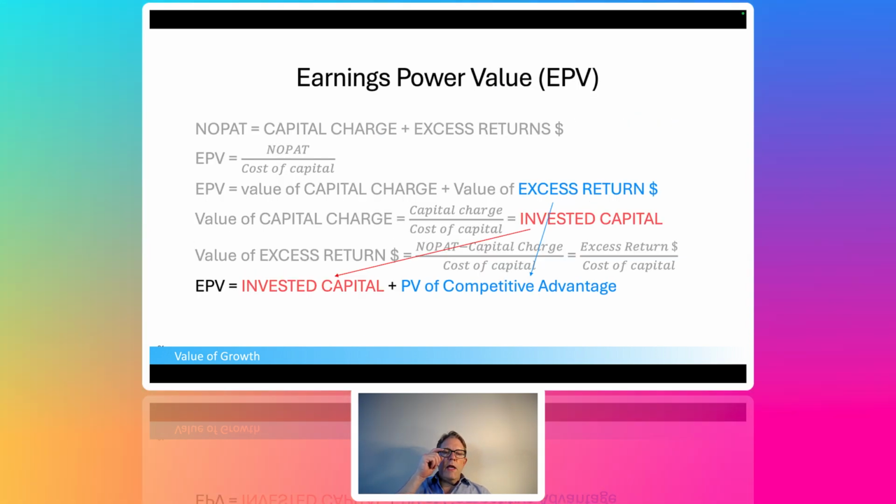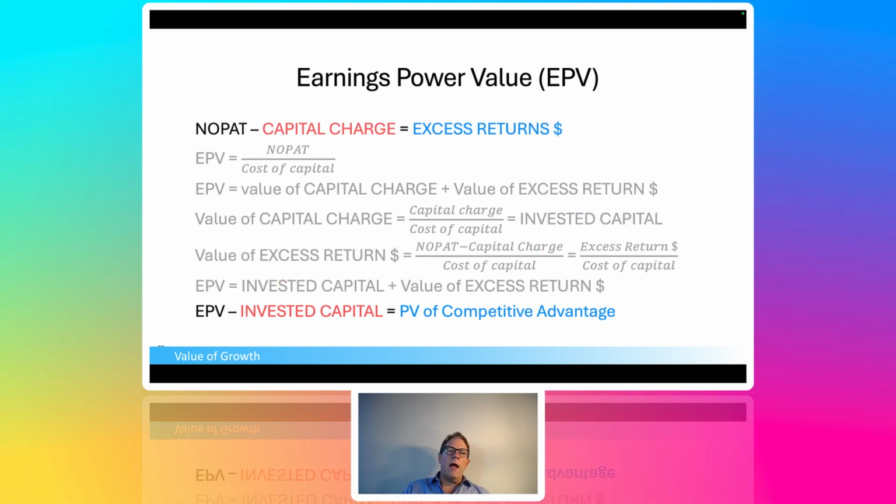All right. So now we know that EPV, earnings power value, is equal to invested capital plus the present value of competitive advantage, the present value of those excess returns in dollars. So we're starting to build up our valuation stack. EPV minus invested capital is the present value of competitive advantage.